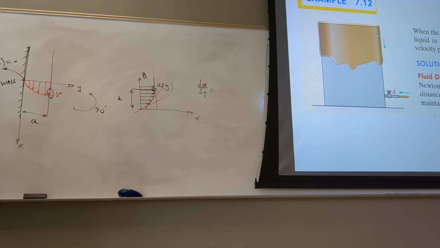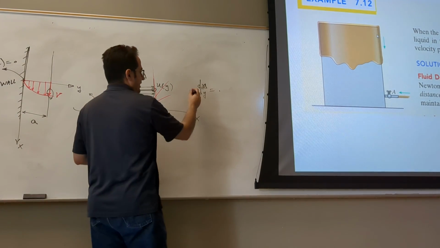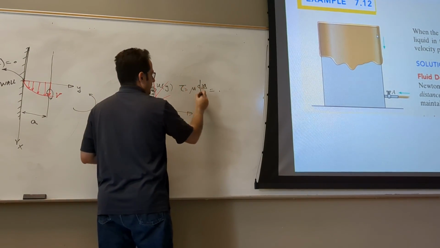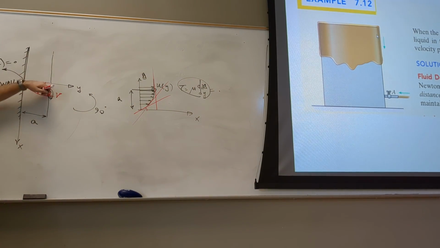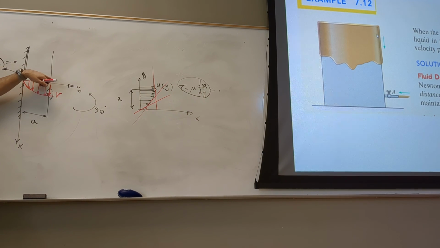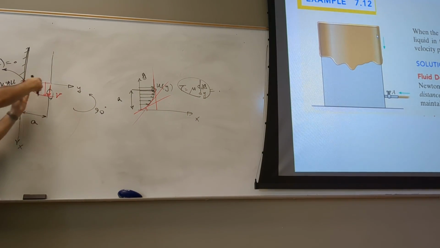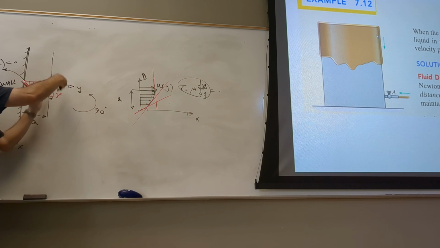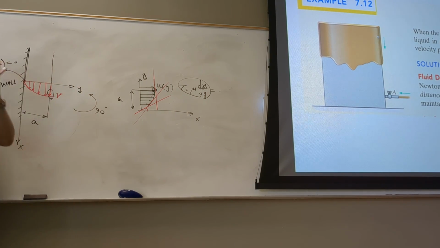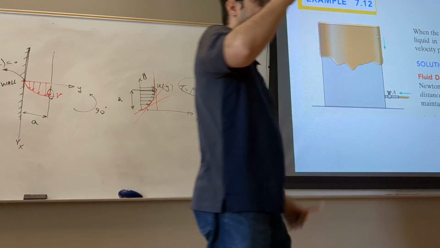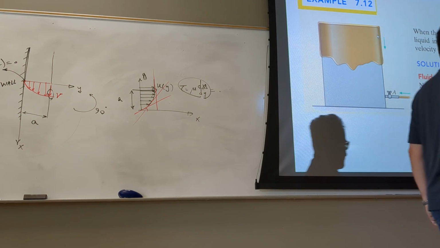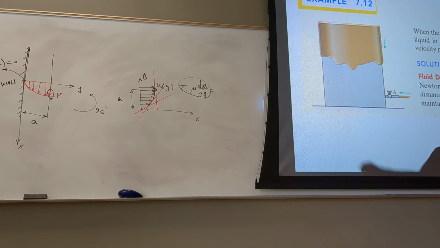You agree that this is shear, tau equals mu du/dy, equals 0. So that means the shear here is 0. Why is the shear here 0? Because the friction between the oil and the air is very small. These two fluids, the air and the oil, are actually in contact, but that force is so tiny that this derivative is 0.